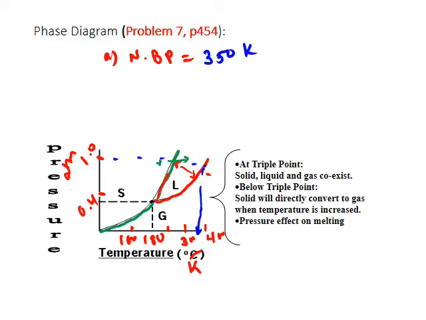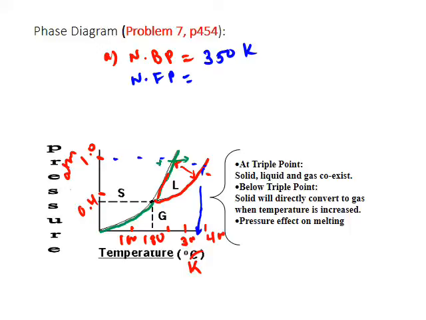Now, normal freezing point, again, is the freezing or melting temperature under 1 atmospheric pressure. This would come from the green curve, which goes from the triple point upward.